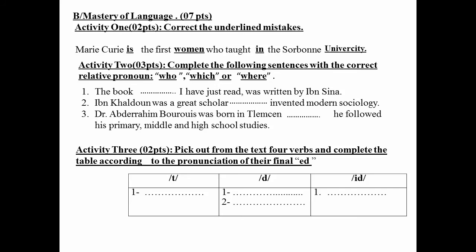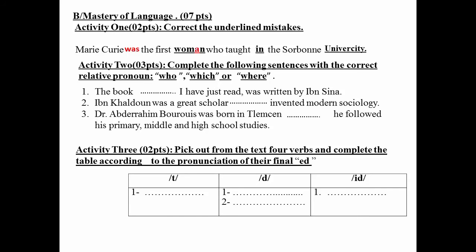Marie Curie is the first woman who taught in the Sorbonne University. So, what is the correct word for is? Great, was. Because Marie Curie died, so we can say Marie Curie was the first, what?